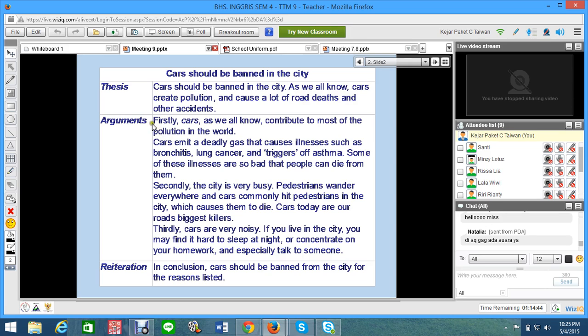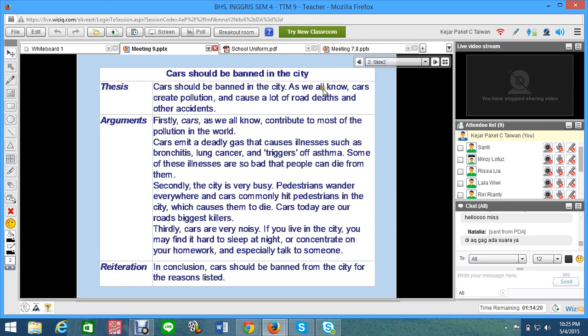The second, the generic structures is argument. So what is arguments here? Firstly, cars, as we all know, contribute the most of pollution in the world. So here, because the first argument, because we see that there are main arguments here. This is main arguments first, main arguments and main argument.